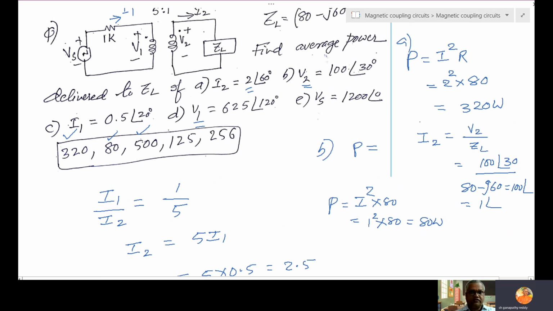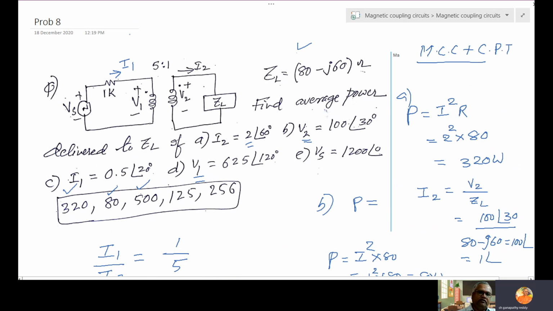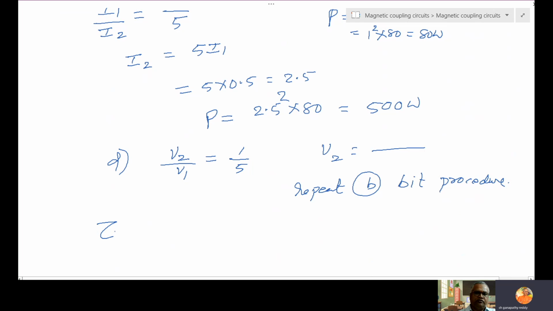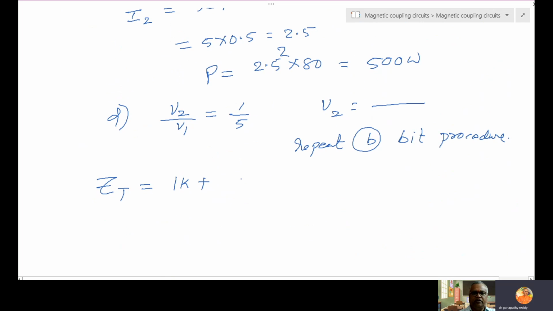Now Vs. This Vs is important. When Vs is given, how to find the power? If ZL is given, the primary impedance is ZL by N square. So first find the total impedance, that is 1K plus ZL by N square, 1 by 5 square.